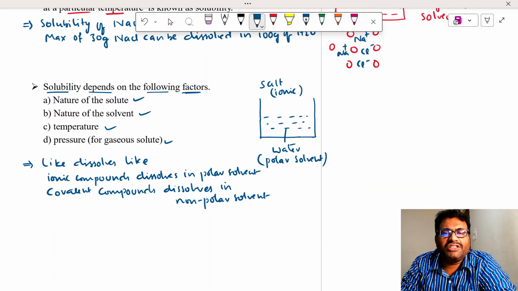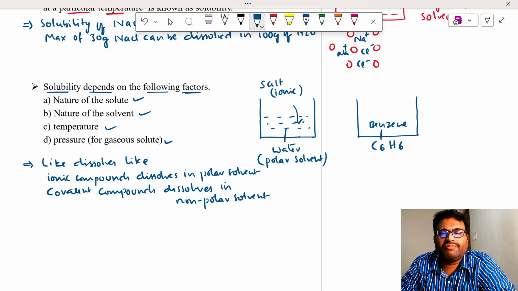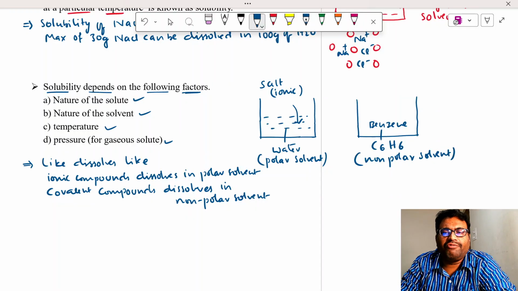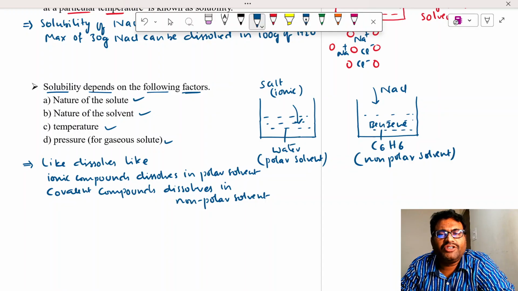Now, when salt is dissolved in water, it dissolves. Now, let us take benzene, C6H6. What is this? Non-polar solvent. Now, you are dissolving this salt, NaCl. Will it dissolve in this benzene? Is it possible? No.